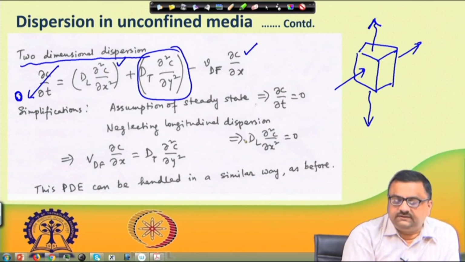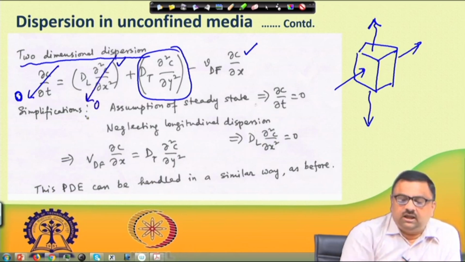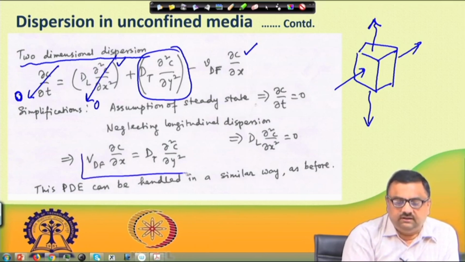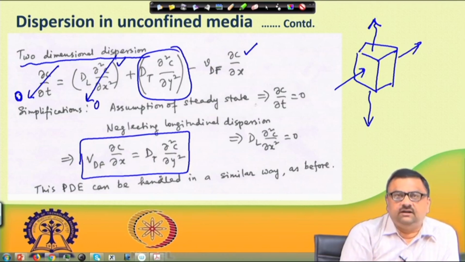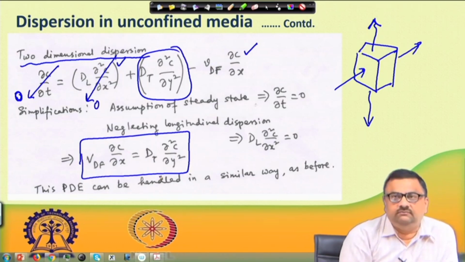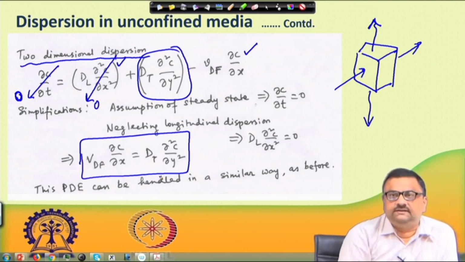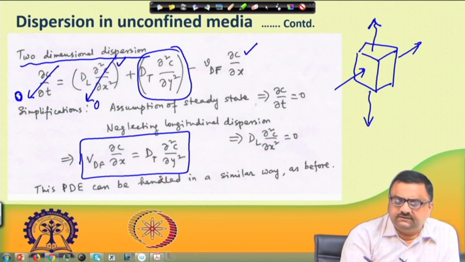So, this part is considered 0, this longitudinal part also goes to 0, and so it is a play between this and this. That is what we have written here: the convective term goes to the other side, and is equal to D_T del square c by del y square. This kind of partial differential equation I have already discussed, one or two lectures back, where we solved it using Laplace transform.